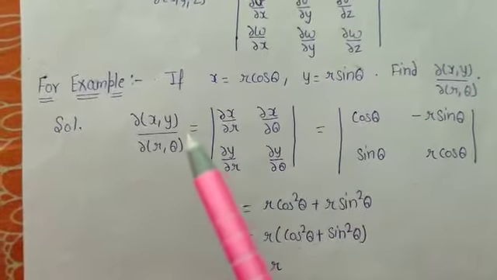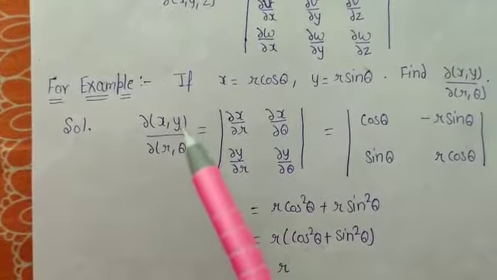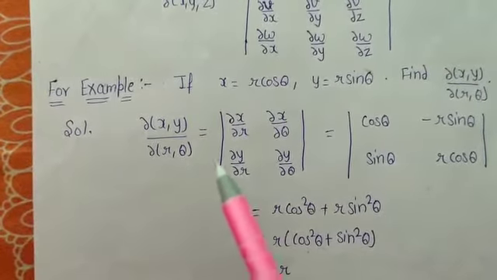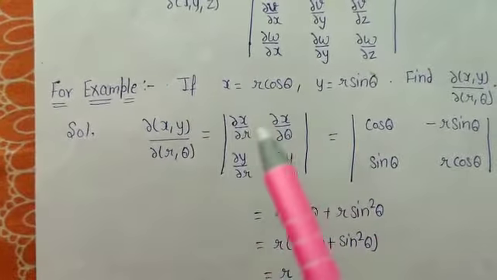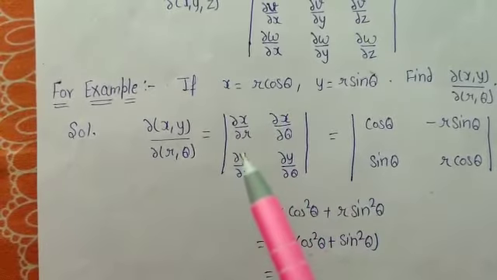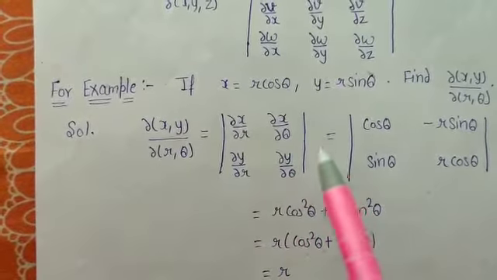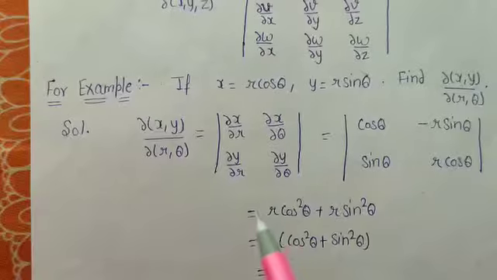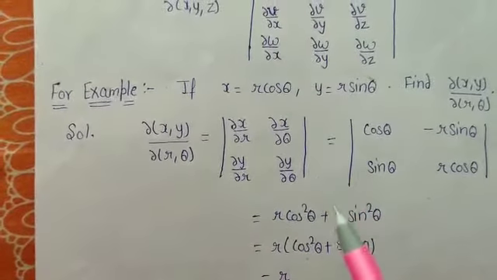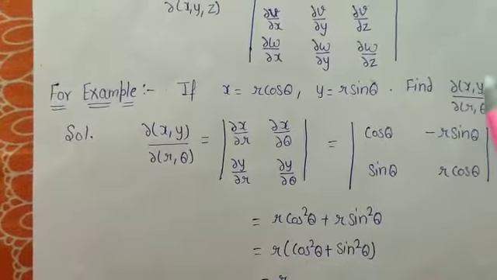So we know the formula of Jacobian. Jacobian of x, y with respect to r, theta is given by the determinant of del x upon del r, del x upon del theta, del y upon del r, del y upon del theta.